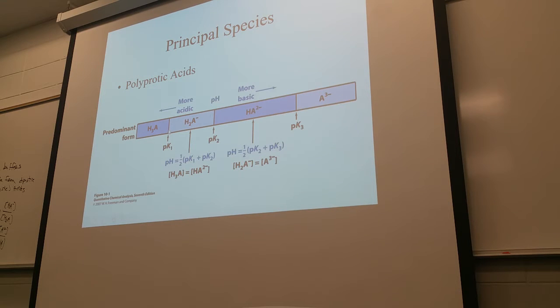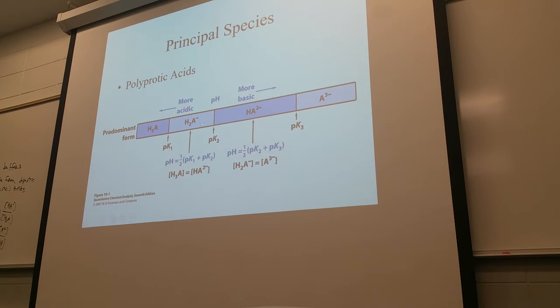The line here is pKa1, this line is pKa2, and this line is pKa3, and it depends on what those numbers are. So if they are 1, 5, and 10, then there are bigger differences between 2 and 3 than between 1 and 2.